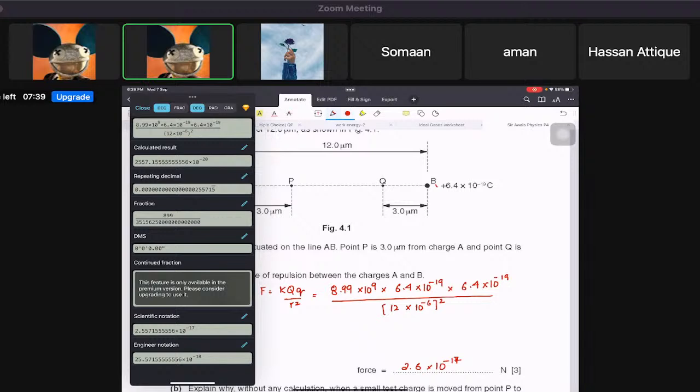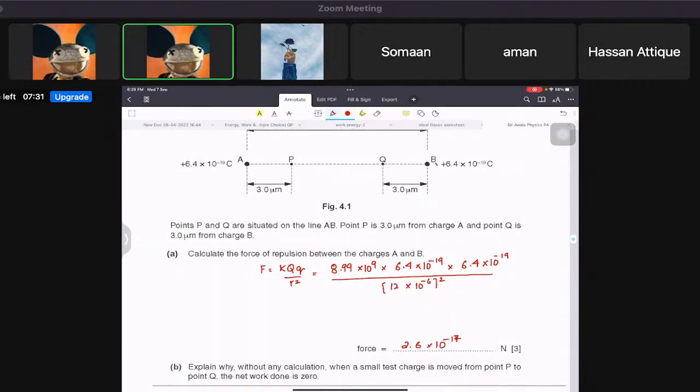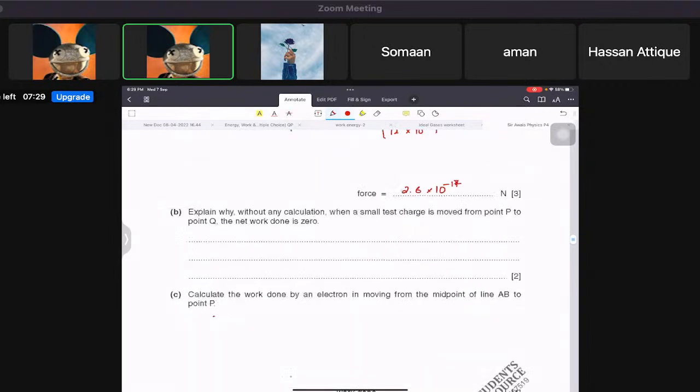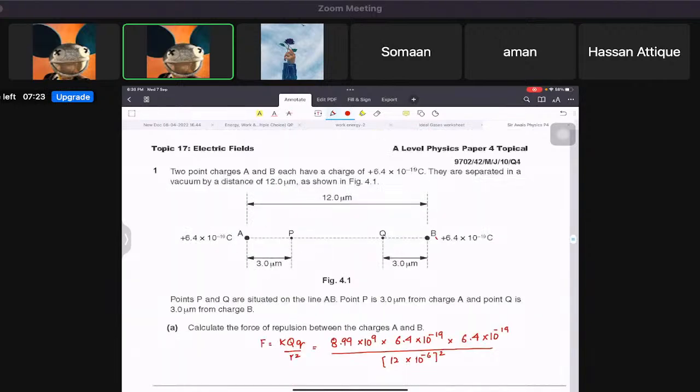All right, so now let's go to the next question. It says explain why, without any calculation, when a small test charge is moved from P to Q, the net work done is zero. So what they're saying is that if I move a small charge from P to Q, the net work done is zero.